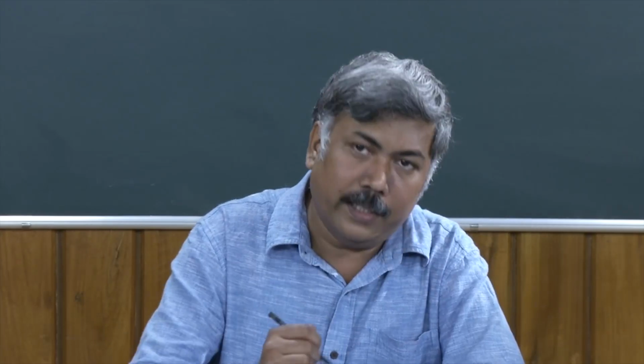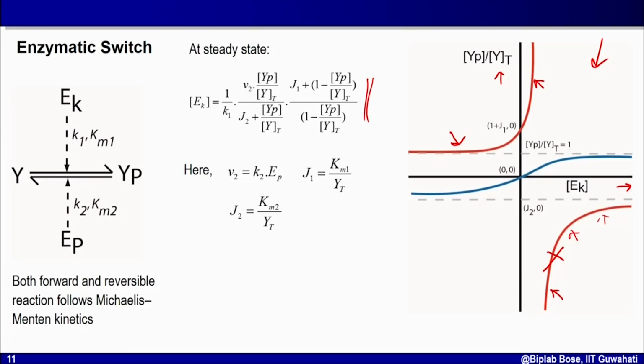Look into the other red line, this one. This is also coming from my relationship. If you plot it using a plotter, you will get that. Now here what is happening? See, in this part, Ek is positive, that is possible. Yp by Yt is also positive, that is possible. But look into it. The values of Yp by Yt here are all greater than 1, because this dotted line is representing 1.